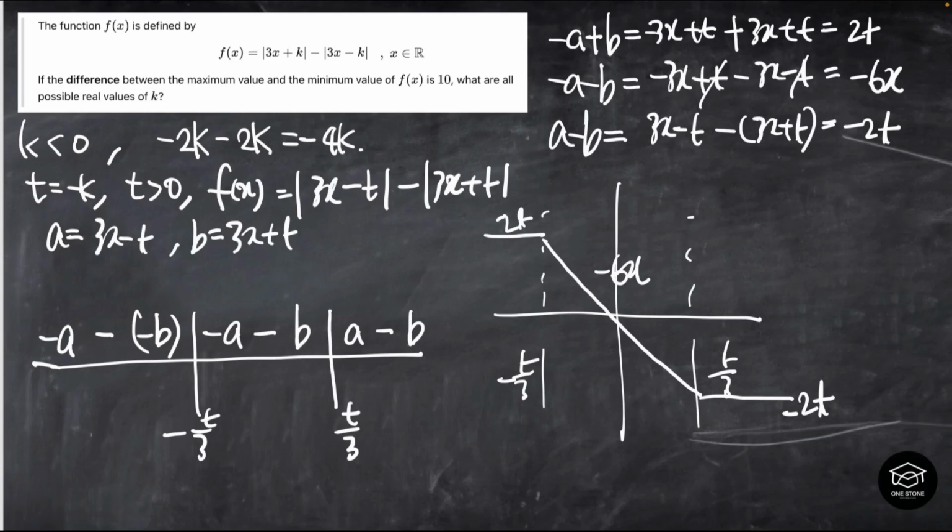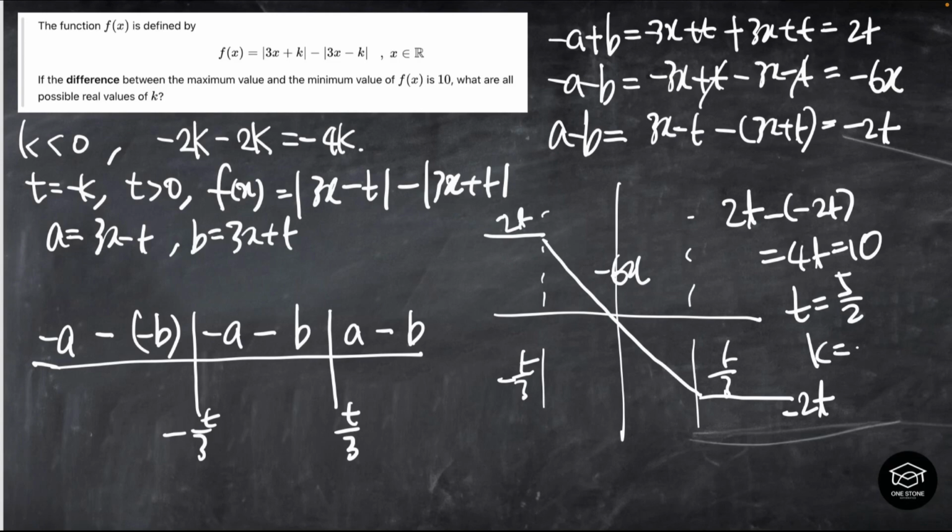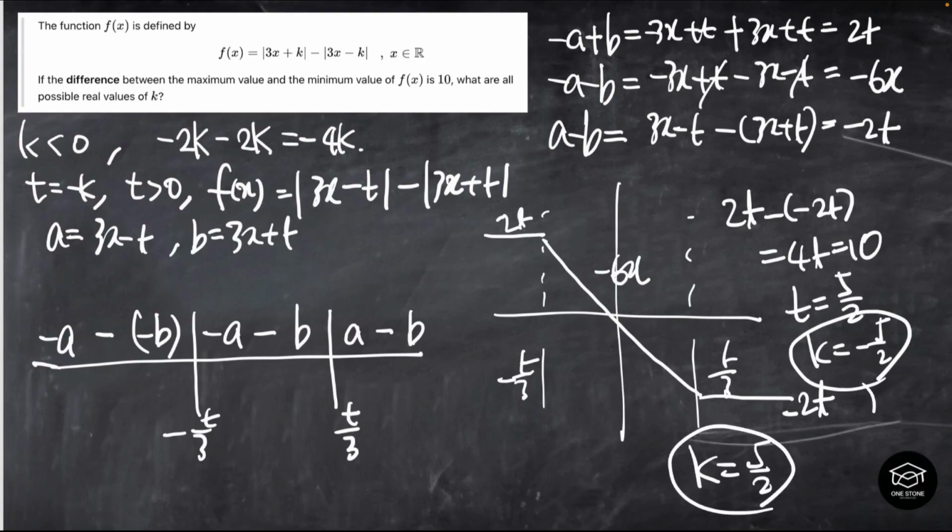Once again, the difference between the maximum and minimum values is 10. So 2t minus negative 2t equals 4t, which means 4t equals 10 and t equals 5 over 2. Since t is negative k, this gives us k equals negative 5 over 2. Final answer, k equals positive or negative 5 over 2.